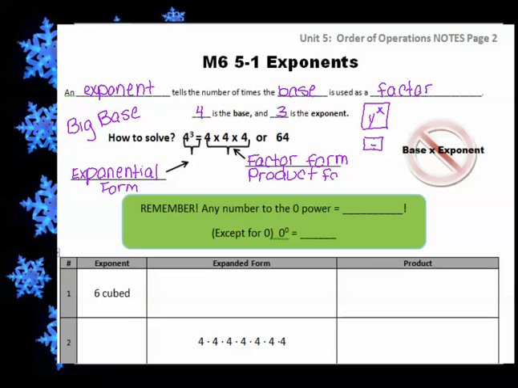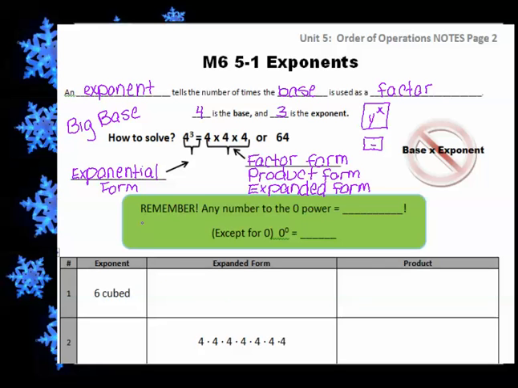And actually there is one more name for it that we can write. We can call it expanded form. So there's actually 3 different names for it. So we have factor form, product form, and expanded form. When it's all written out, expanded like this. When it has the little exponent, it's exponential form.